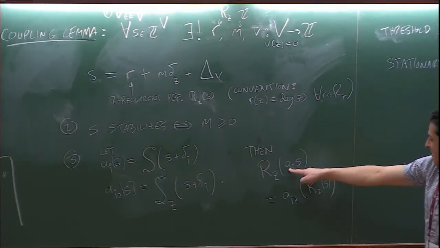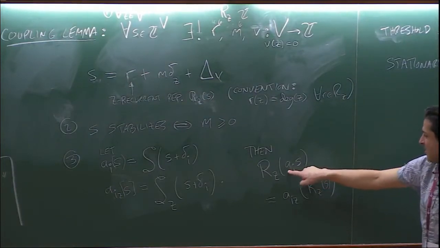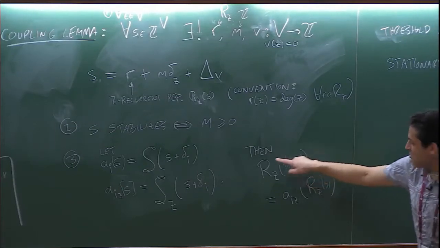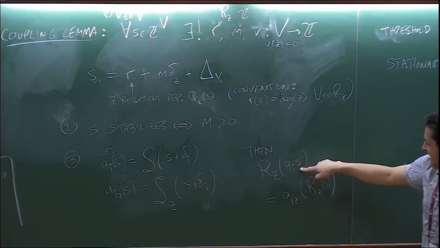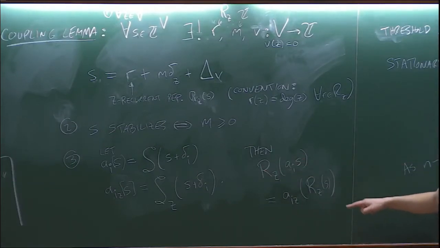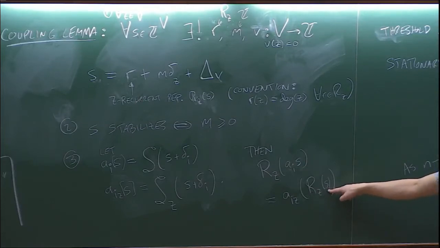If you add a chip at i and stabilize in the free chain, and then you look at the recurrent representative of whatever you get, that's the same as first taking the recurrent representative and then adding a chip and stabilizing in the wired chain.